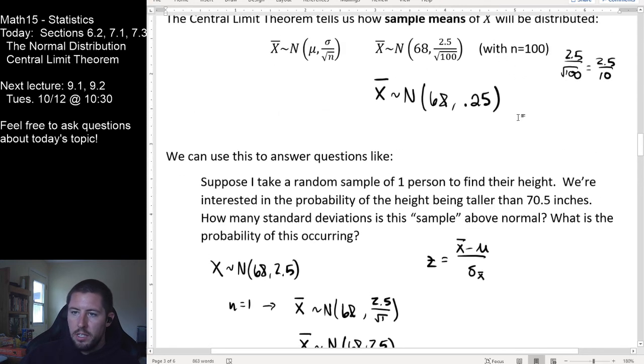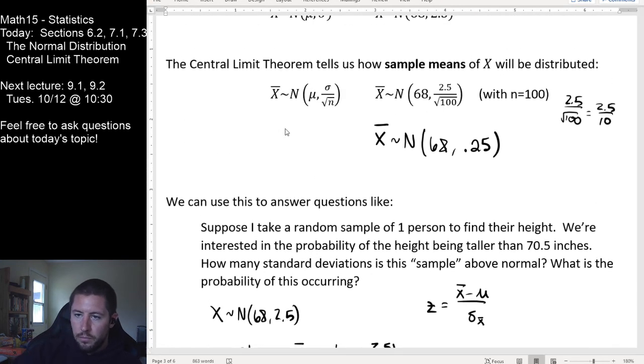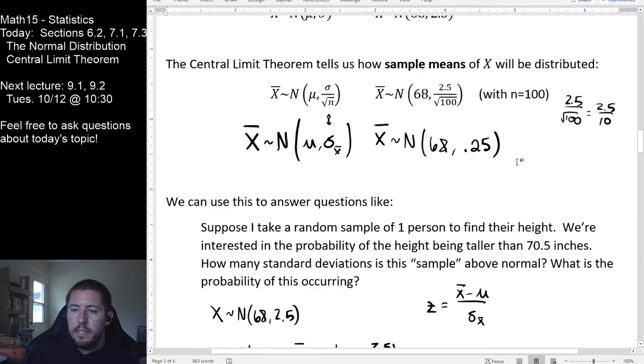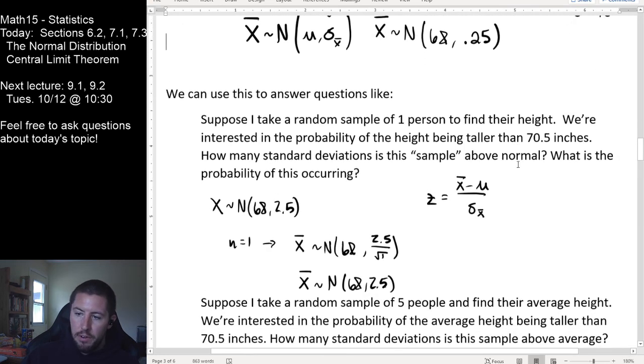In fact, I should rewrite this up here as x bar is distributed according to the normal distribution with mu and sigma sub x bar. Sigma sub x bar is sigma over root n. It's the standard deviation of the sample average.